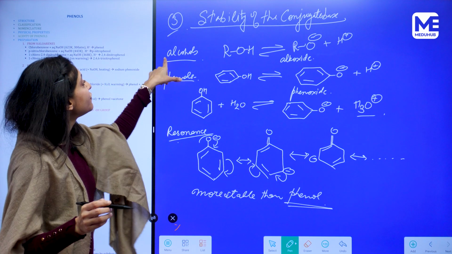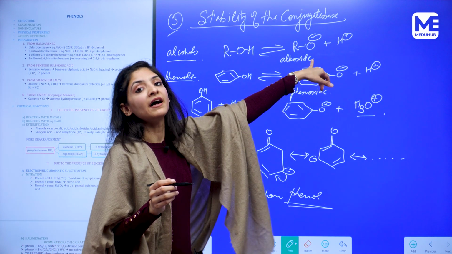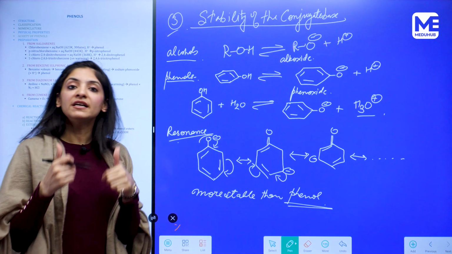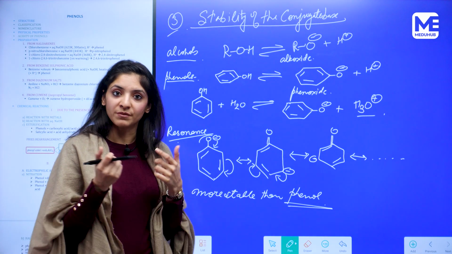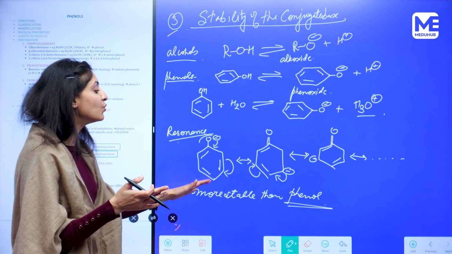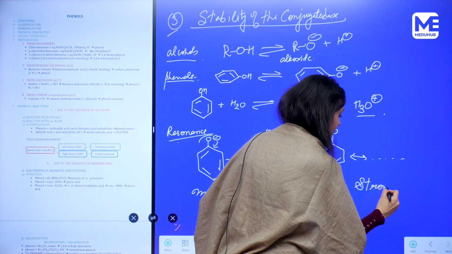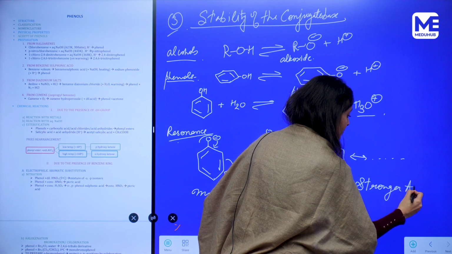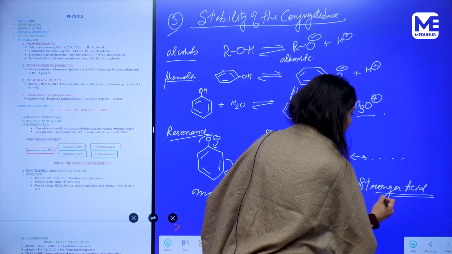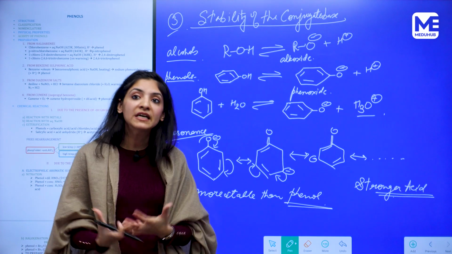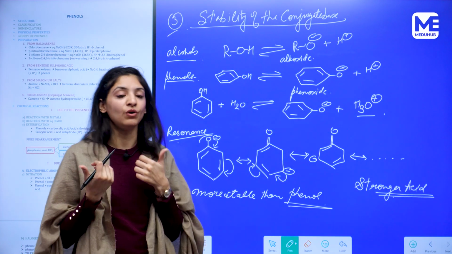Whereas if we talk about alcohols, the alkoxide ion has a localized negative charge on this oxygen. So phenoxide ion is a more stable conjugate base, which makes phenol a stronger acid. This resonance stability is so important that phenol is 1,000,000 times stronger acid than ethanol.